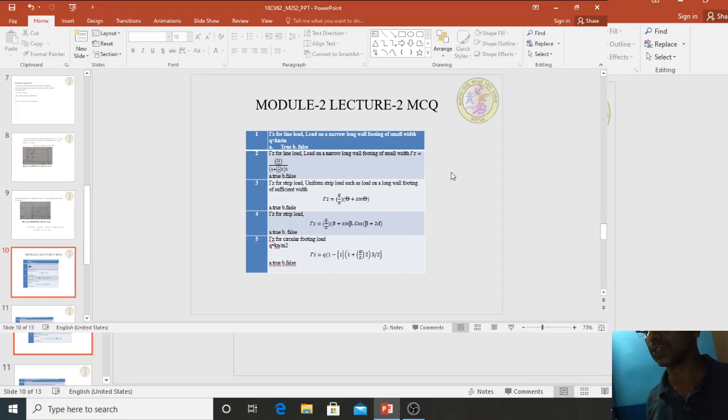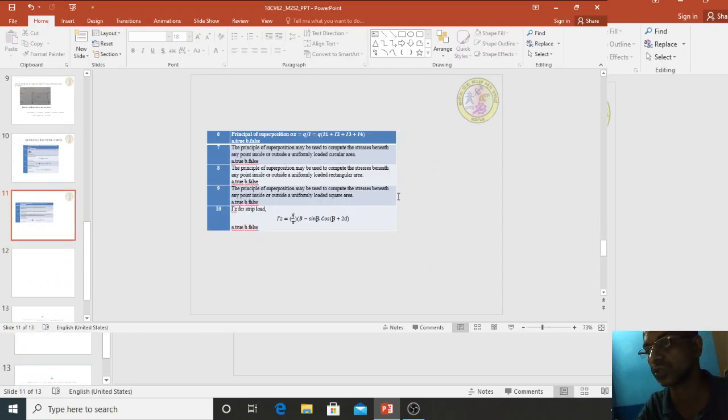Sigma z for a strip footing, uniform strip load such as load on a long wall footing of sufficient width, the equation is given, it is true. Sigma z for strip footing, the equation is given, true. Sigma z for circular footing and loaded area, the equation is given, that is also true.